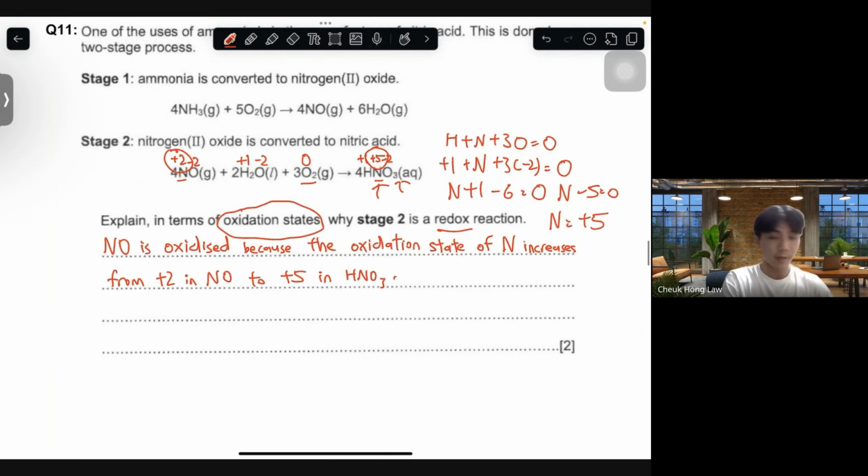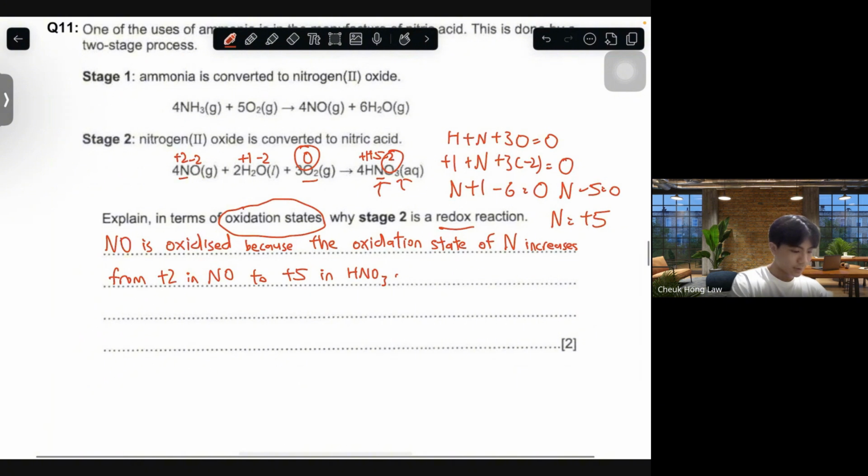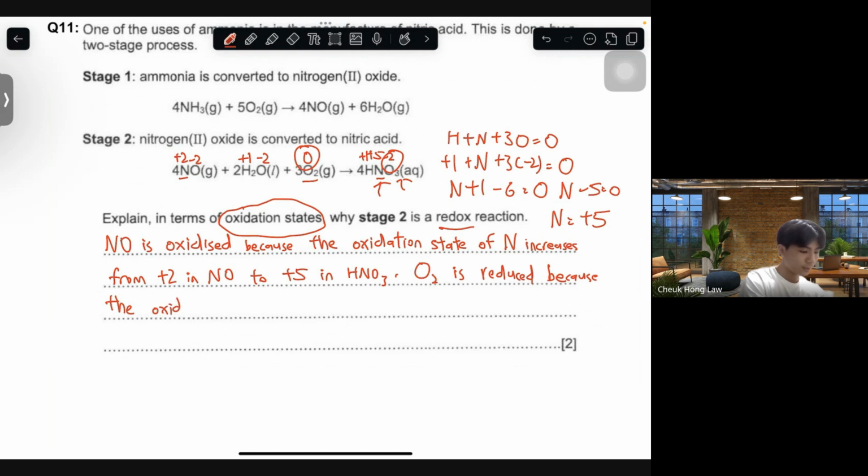Next, let's find what is being reduced. So the oxidation state of oxygen went from 0 to -2. So that is a decrease. So I can say O2 is reduced, because the oxidation state of O decreases.